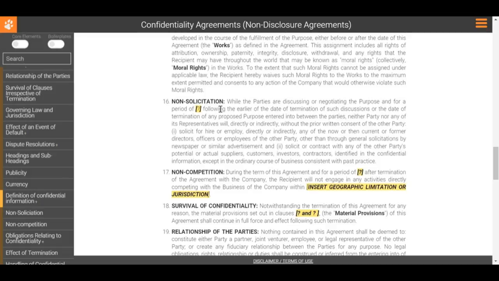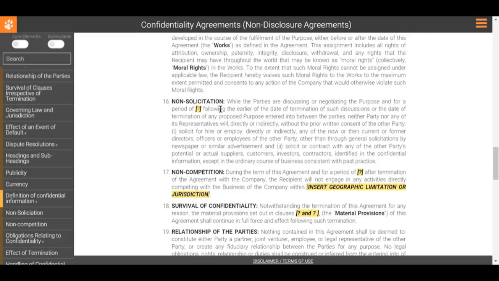But to discuss those points further, when would you include a non-comp or a non-solicitation clause? These types of provisions are useful if the parties are sharing information that could be damaging to their business if it were used by the other party. For example, if they share client lists or sales leads, the recipient would and probably should be restricted from using these for their own advantage.